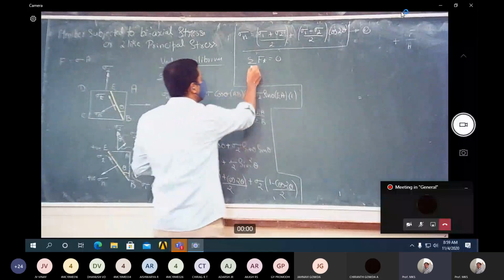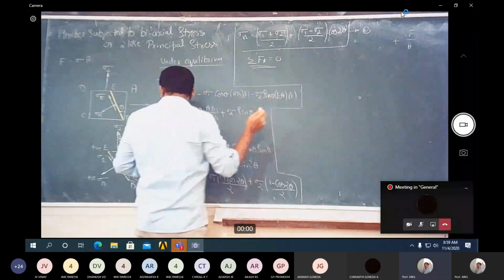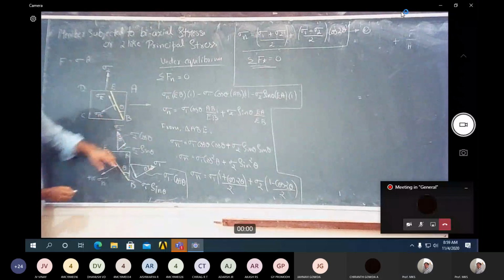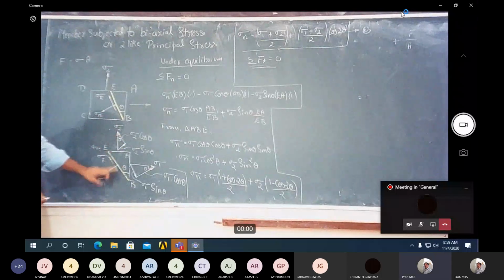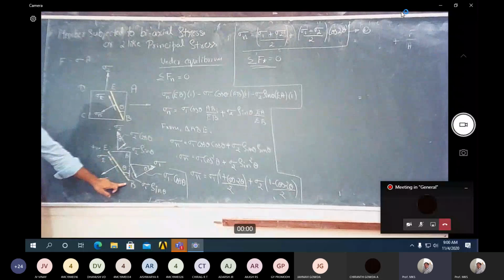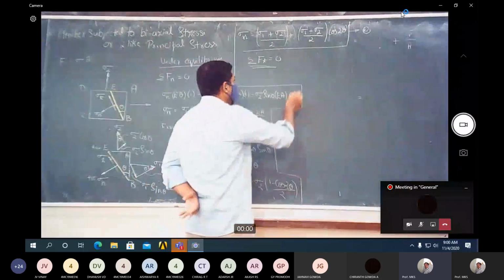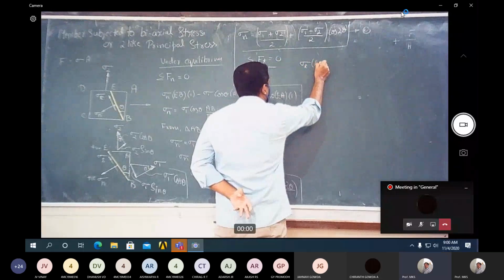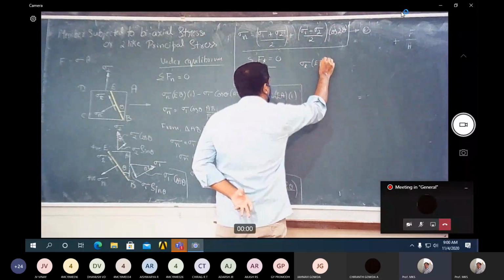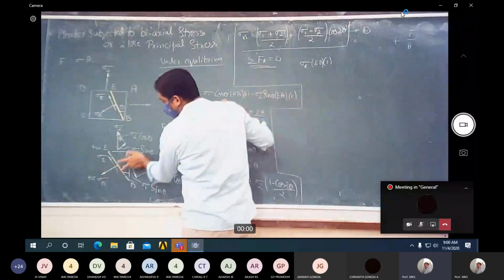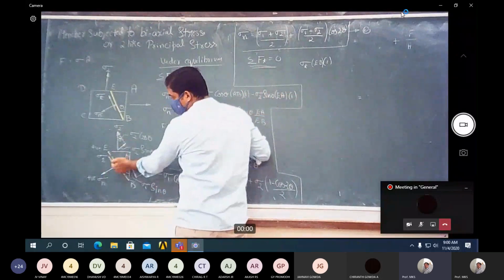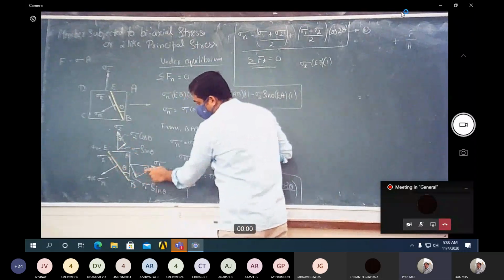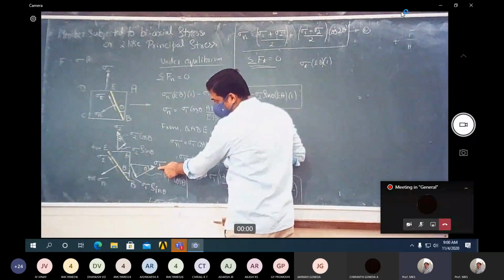We have the tangential stress sigma t, which is acting on the plane EB, so the force on that plane is sigma t into EB into 1, right? We'll take a force going in this direction as positive and the reverse direction as negative.